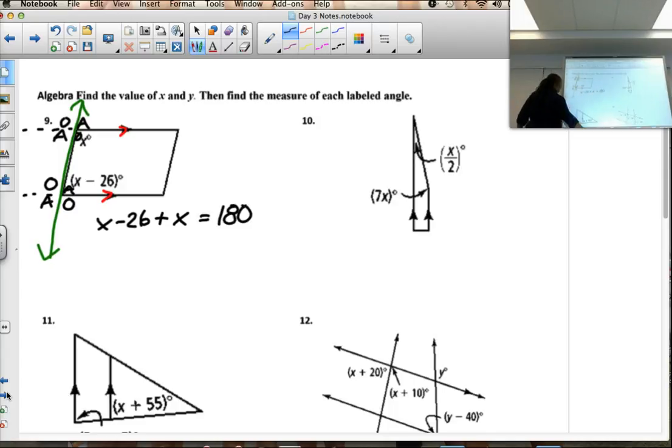This is just like us writing A plus O equals 180. All we did was substitute the value for A and substitute the value for O, and we know that A plus O is 180. So now we have 2x minus 26. This is fast algebra. X plus X is 2X.